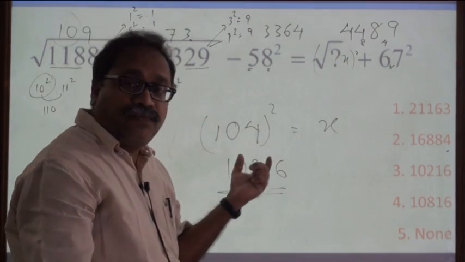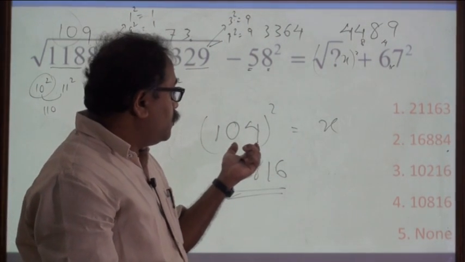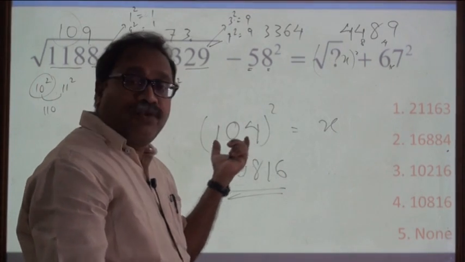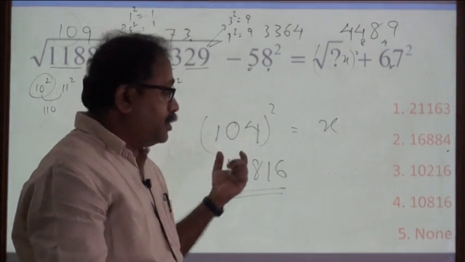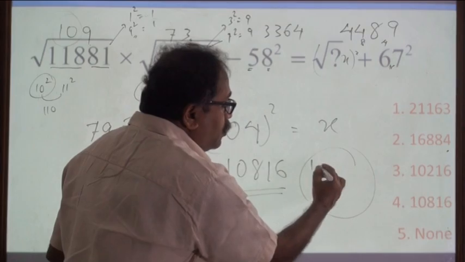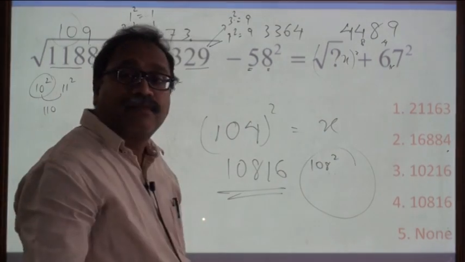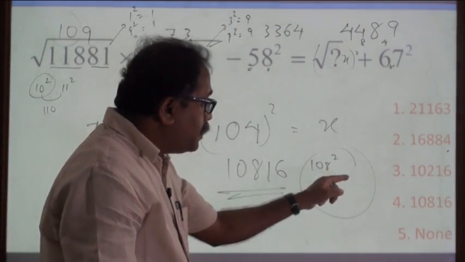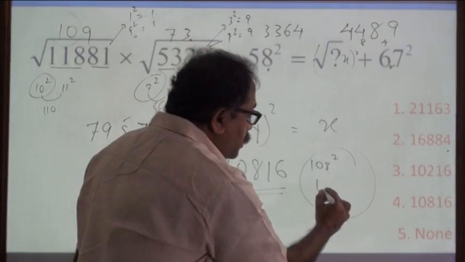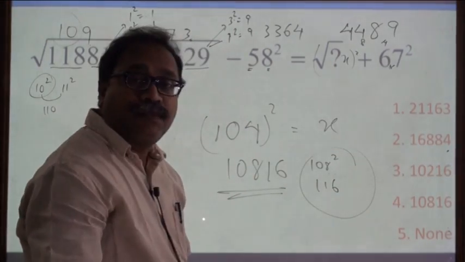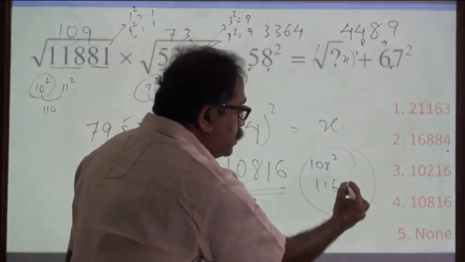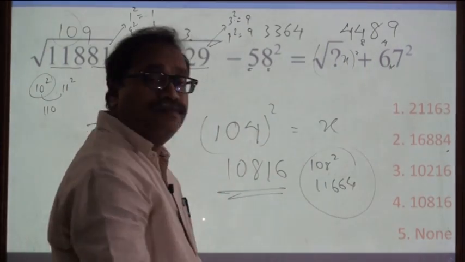This is applied for all the numbers greater than 100 and closer to 100. For example, let's find 108 square. 108 plus 8, that is 116, followed by 8 square, 64.